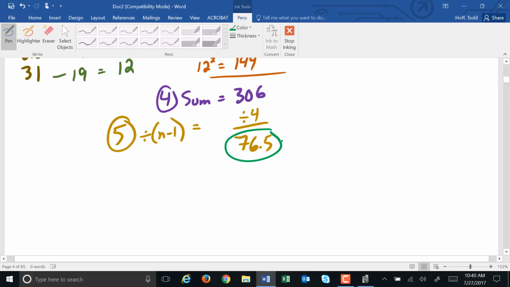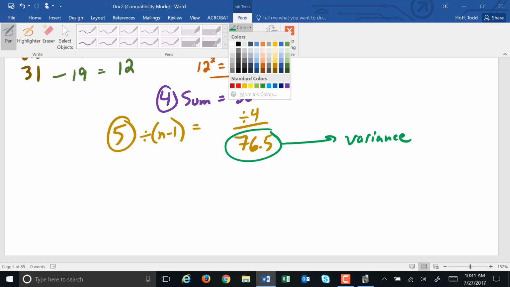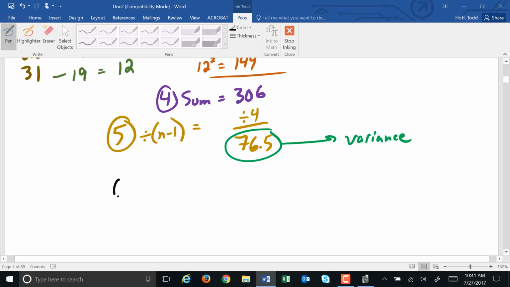Now remember, that is what is referred to as the variance. To find the standard deviation, we need the square root of 76.5, which is 8.75.